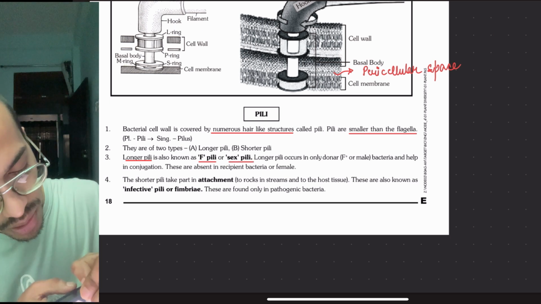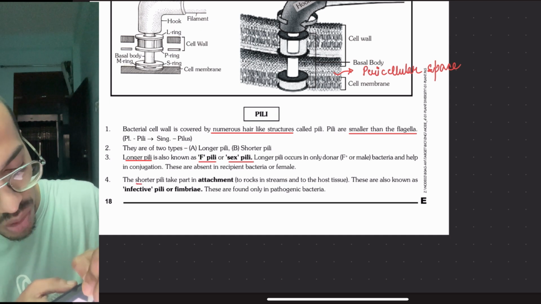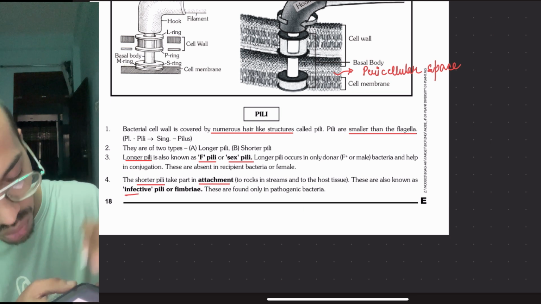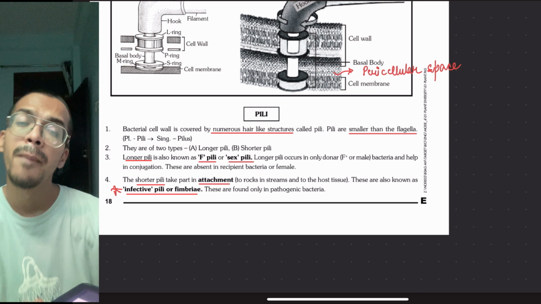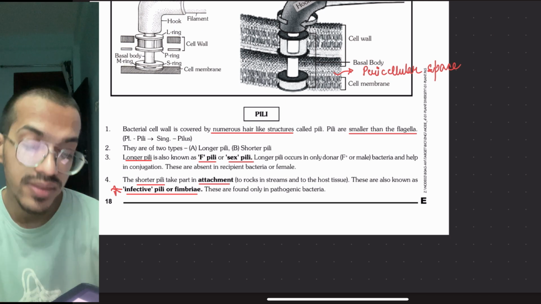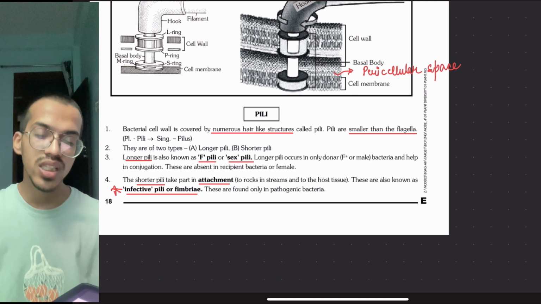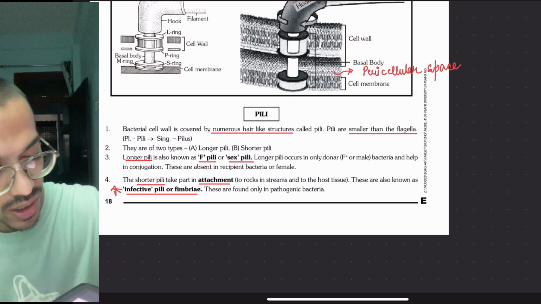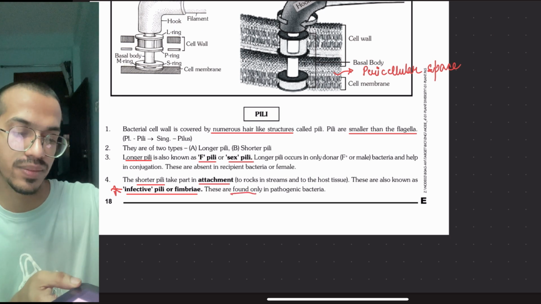Then the shorter pili take part in attachment, and they are often called infective pili or fimbriae. So pili is a broad term, but fimbriae are the smaller pili which help in attachment to the substrate, and they are commonly found in pathogenic bacteria.